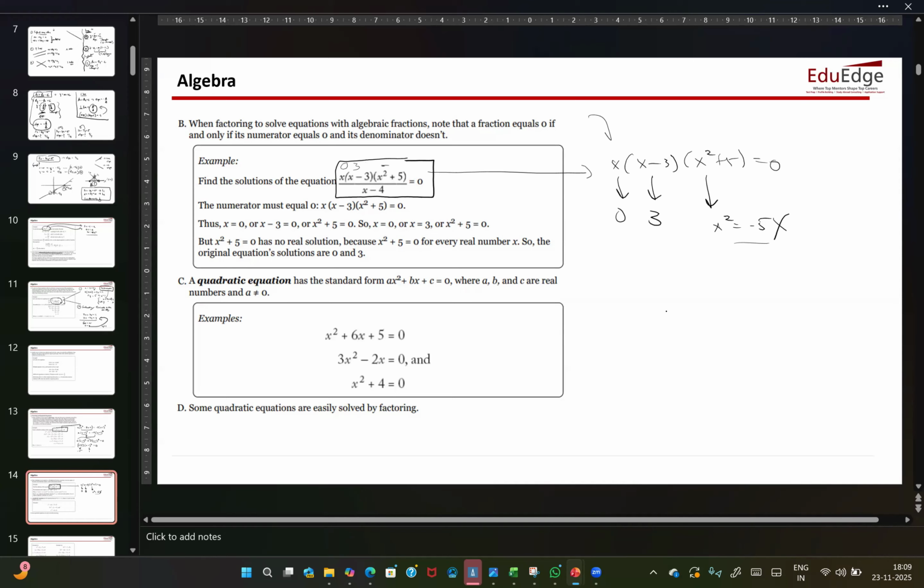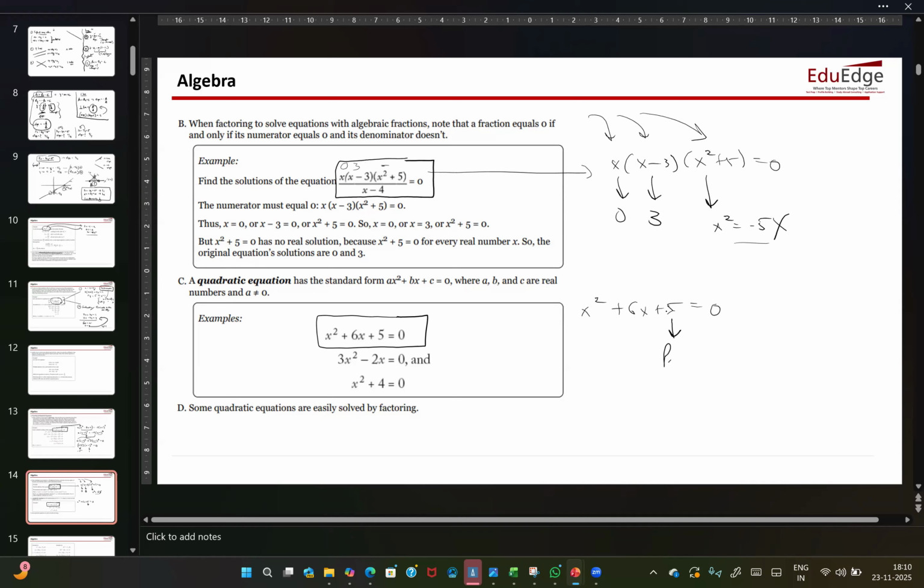So we try to see if we can factorize in this format. If not, the other way of factorization is the product and sum rule. For instance, take this quadratic equation, x square plus 6x plus 5 is equal to 0.